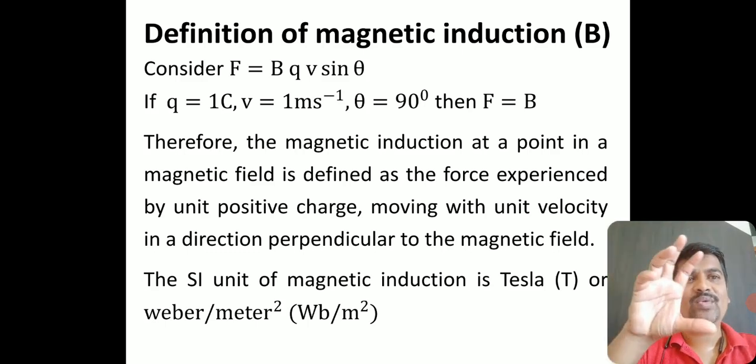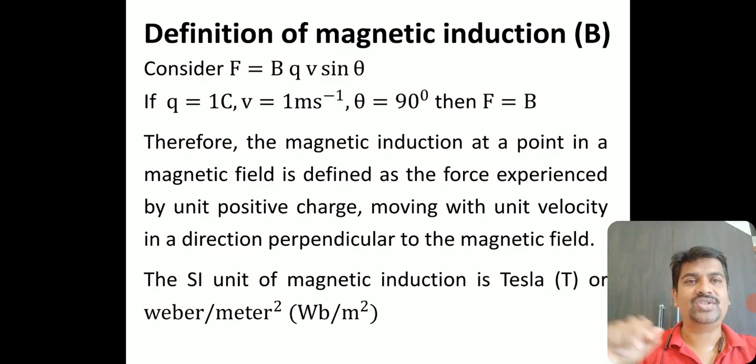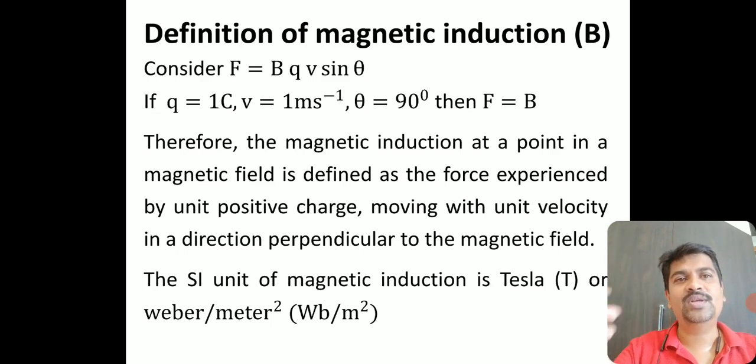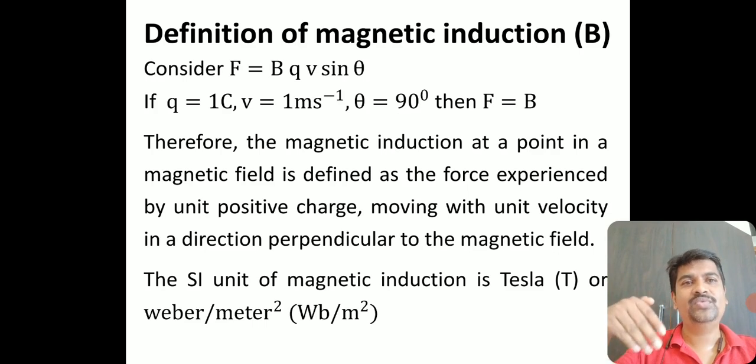This is how I can define the magnetic induction with this formula. I'll repeat this. Magnetic induction is the force experienced by unit positive charge moving with unit velocity perpendicular to the direction of magnetic field.